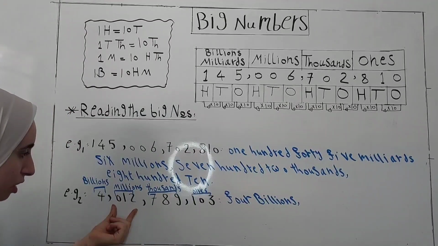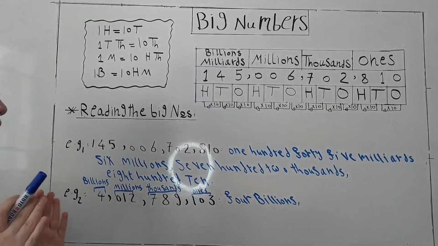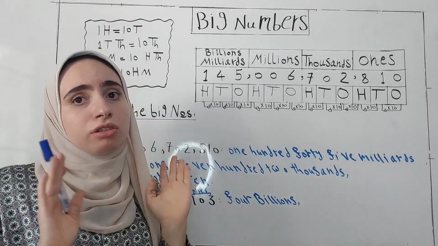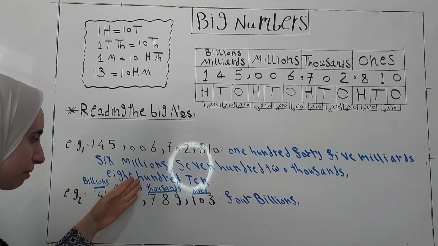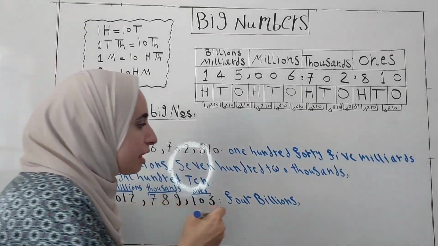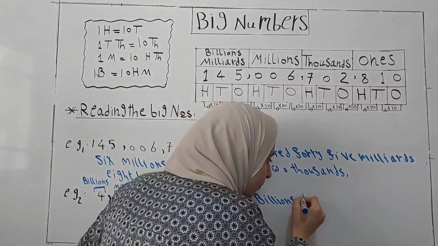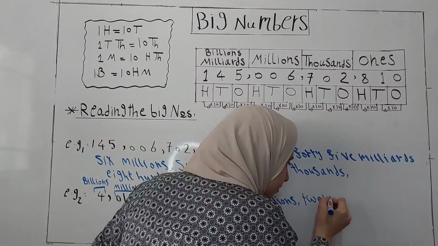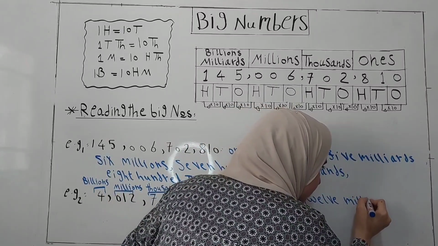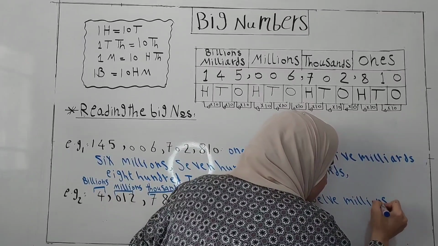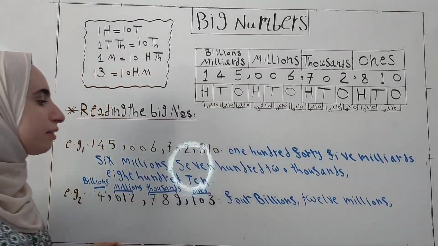Then we go to the third family. We have 0 on the left, and 0 on the left has no value. So we read this number 12. Its name is millions. So we read it like that: 12 millions. Then we go to the second family.